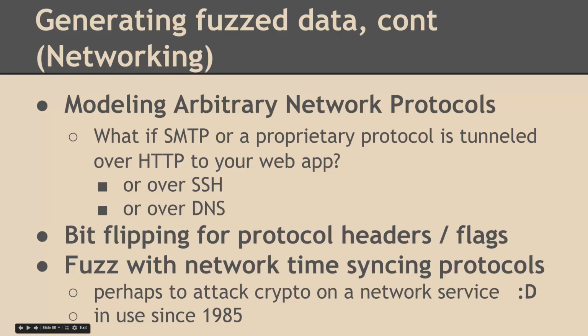So that might be an interesting way to fuzz an application. Also, bit flipping known protocol headers and flags is another useful way to fuzz protocols. Also, putting them in weird time states with NTP. If it's a crypto service or SSH server or some other server, it may be an interesting way to mess with it.